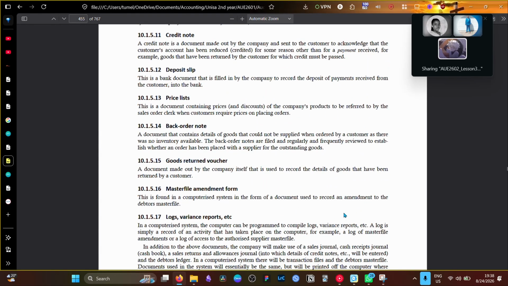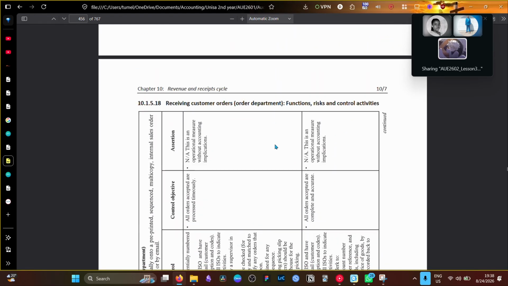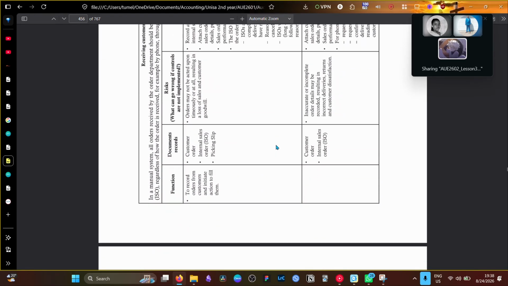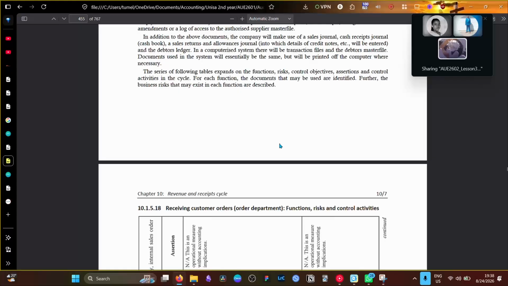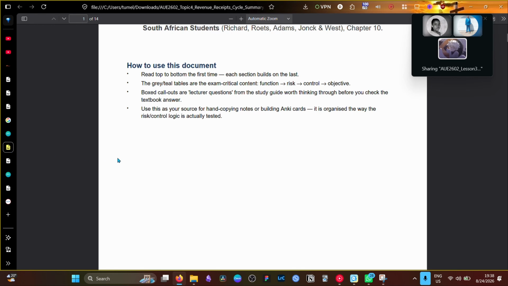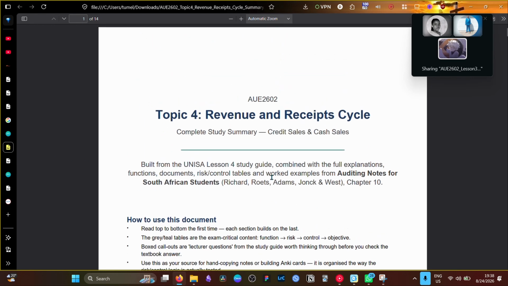This is great if you want to understand every single thing in its entirety. But we will be looking at this document, which also explains everything quite well. So now, welcome to lesson 4.